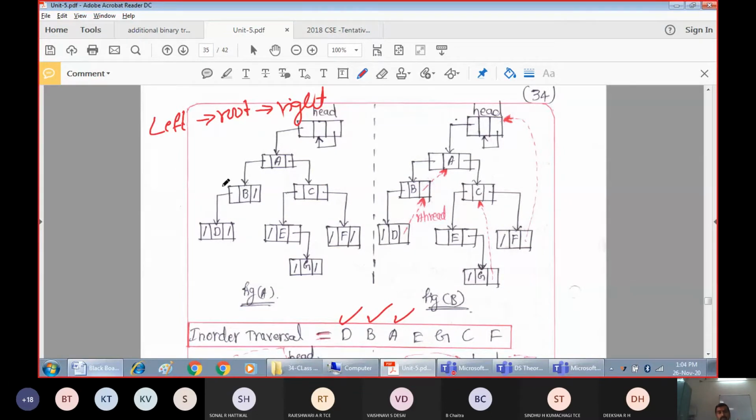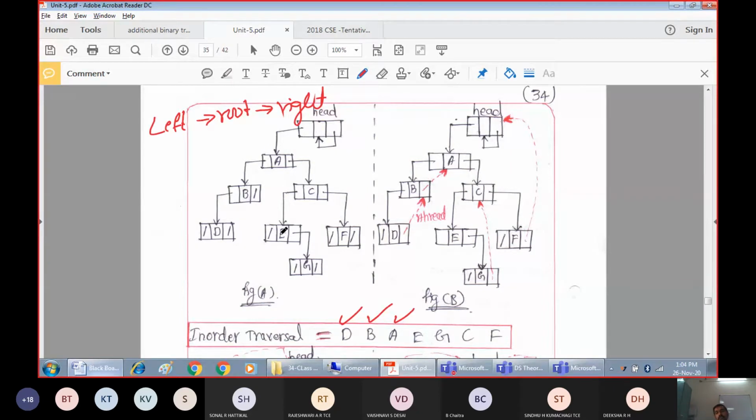Now after processing the left subtree and root node, you have to process the entire right subtree. Whenever you are present here at node C, descend down towards the left, because first you have to process the left subtree. Whenever you are present here at node E, process the left subtree. Left subtree is not there.